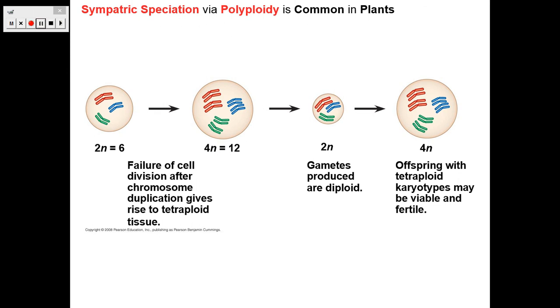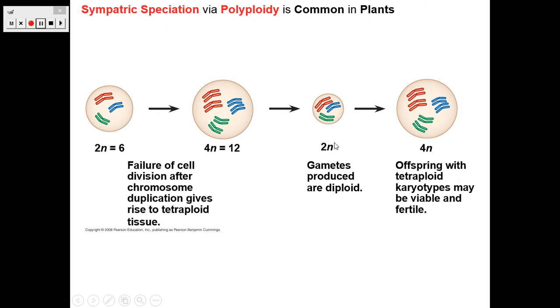This is when I have a failure during meiosis. So I have a 2N. Remember that 2N is a diploid number. So this is the failure of cell division after the chromosome duplication, and so that's giving rise to a tetraploid tissue. Okay, so now we have something that's tetraploid. Instead of diploid, it's now going to be tetraploid.